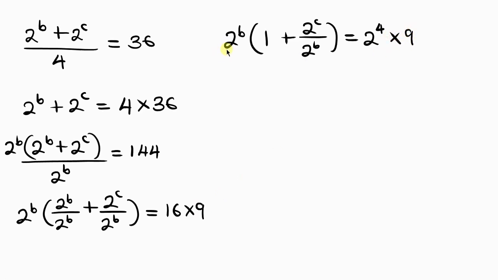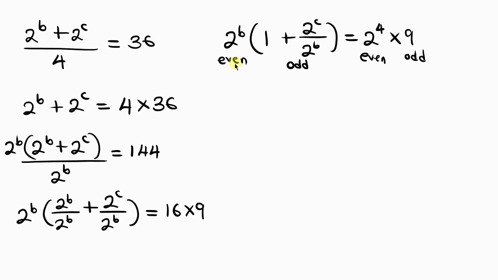And just as we said, 2 to the b is even. But what we have in this bracket is odd. And on the right hand side, 2 to the 4 is even, while 9 is odd.